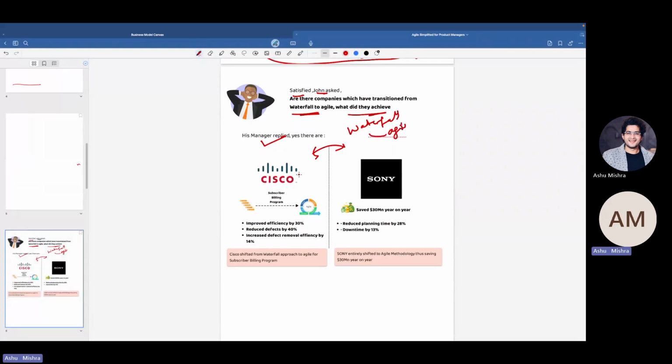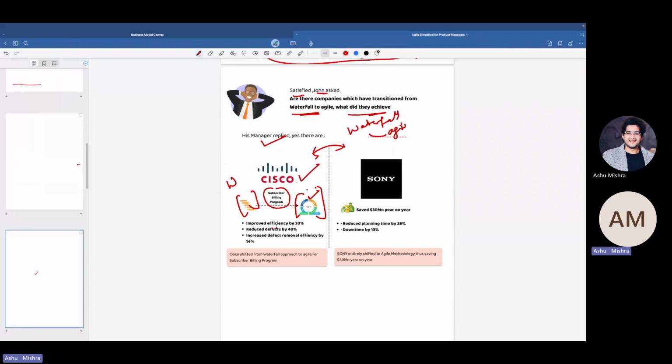The first company being a very famous IT company called Cisco. So Cisco had their subscriber billing program running and created on a waterfall, right? However, with time, they realized that this is a very cumbersome process. It has lots of downtimes, and hence the company decided to transition into the agile framework.